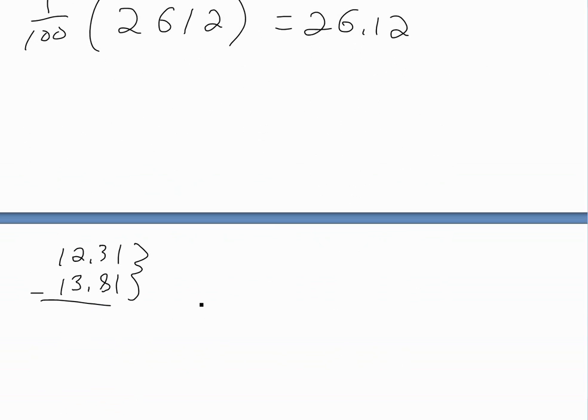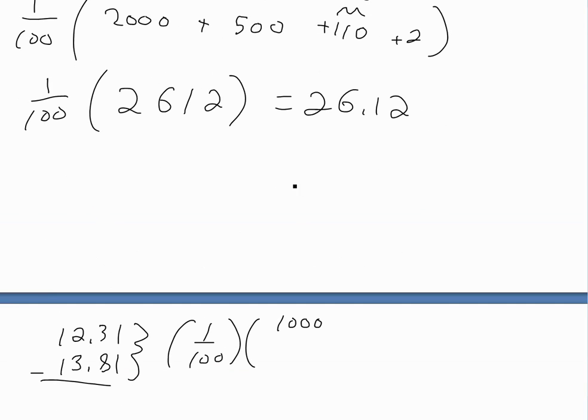So we have 1 over 100 times 1000 plus 200 plus 30 plus 1, all subtracted by 1000, subtracted by 300, subtracted by 80, subtracted by 1.